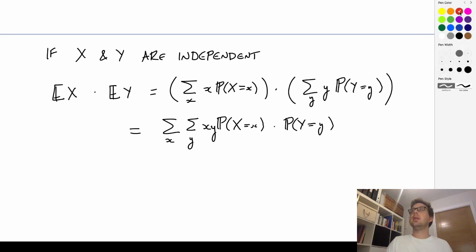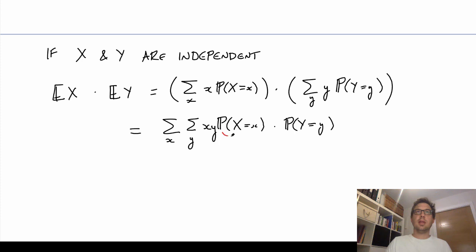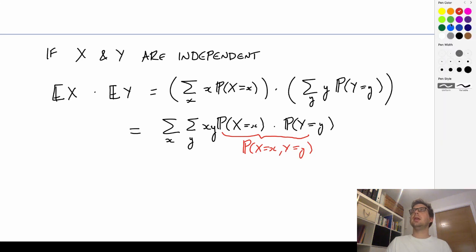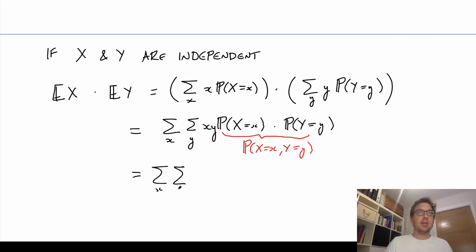But then, well, this here is just equal to the probability that X equals x and Y equals y. Okay? So what I have is this is just the sum over x and y, x times y, times the probability that we get exactly x and y.